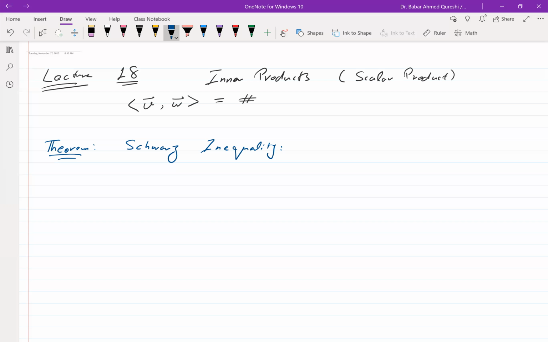So this is the Schwarz inequality, and what does it say? For any vectors u, v in a vector space, if I take the dot product, which could be a positive number or a negative number, and I make a positive number out of it by taking a modulus, then that number would be at most equal to the product of the norms, or lengths, of the two individual vectors.